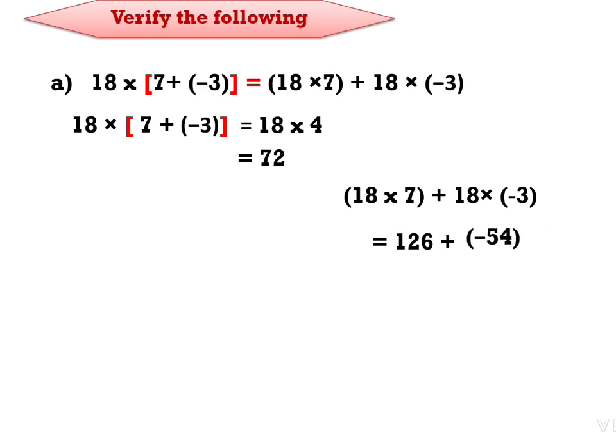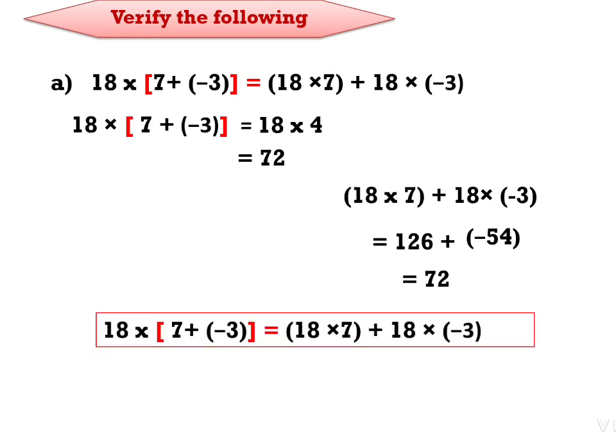Here, addition of positive and negative number, we subtract the smaller number from the bigger number: 126 minus 54 equal to 72. The sign of the bigger number is positive, so the answer is positive. We can write this as 18 into (7 + -3) equal to 18 into 7 plus 18 into -3.